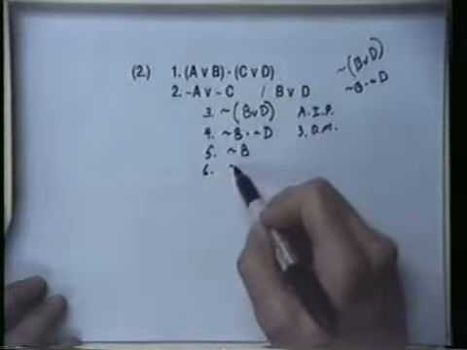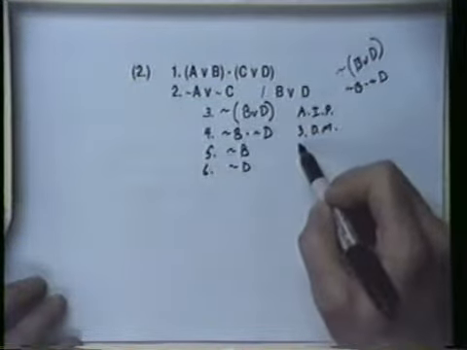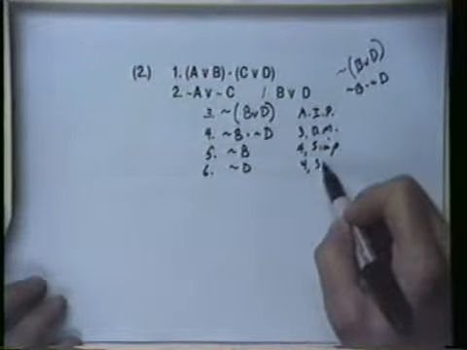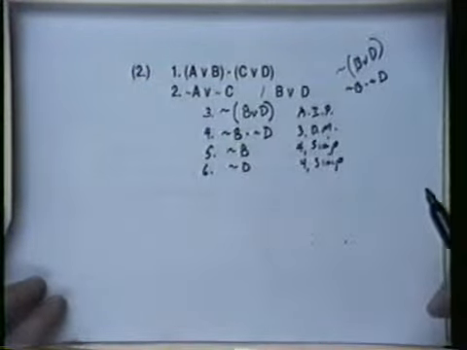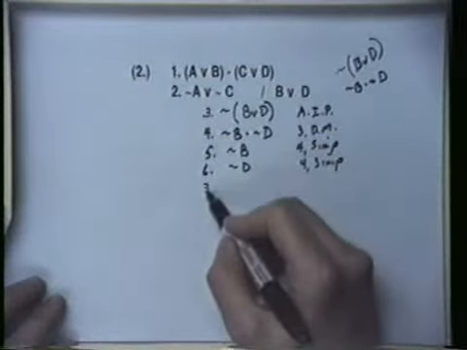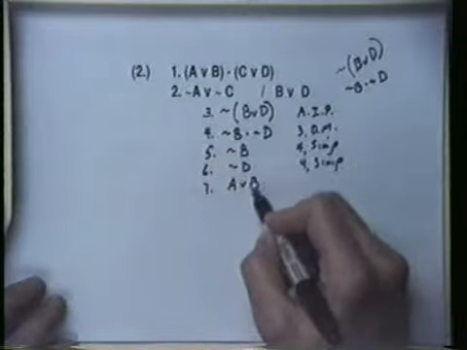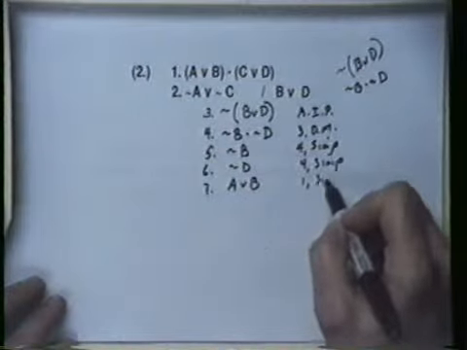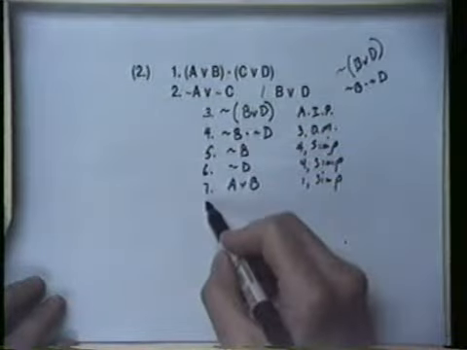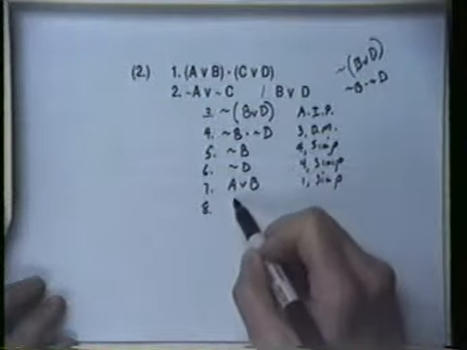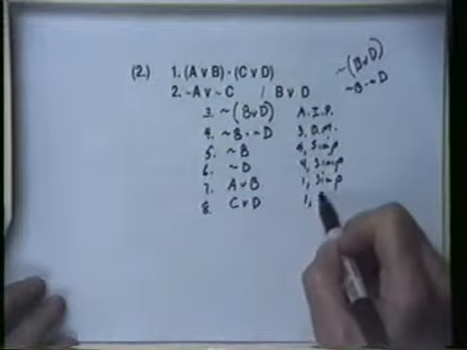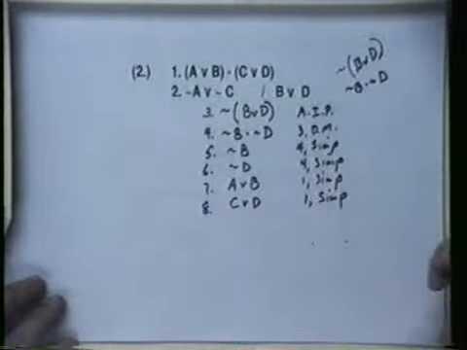In fact, we can do two lines here more or less at once. Both of these are from line 4 by simplification. Now we also need to simplify line 1. And the reason we need to do this, of course, is we're going to use two moves of disjunctive syllogism on the two different parts of line 1. So that gives us C or D on 8 here. That is also line 1, simplification.